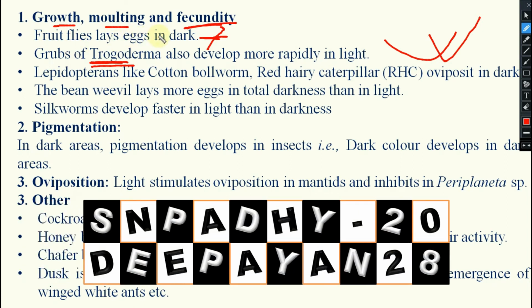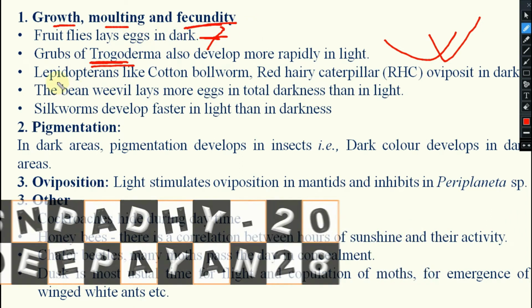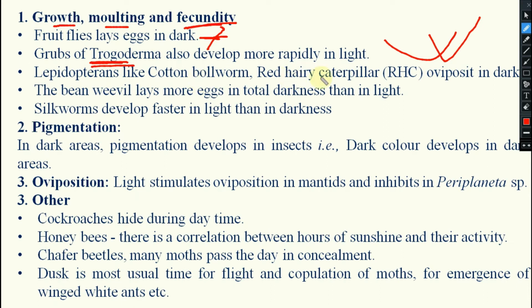But fruit flies lay eggs in dark areas. Lepidopterans like cotton bollworm and red hairy caterpillar oviposit in darker areas only. The bean weevil lays more eggs in total darkness than in light, that means they prefer dark areas only. Silkworm develops faster in light than in darkness. So these are some effects of light on insect development.